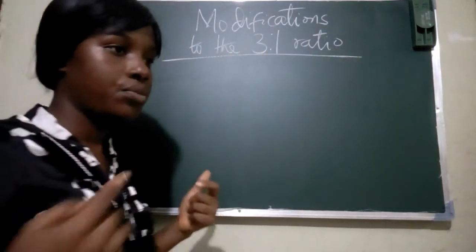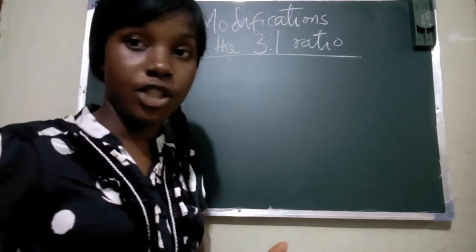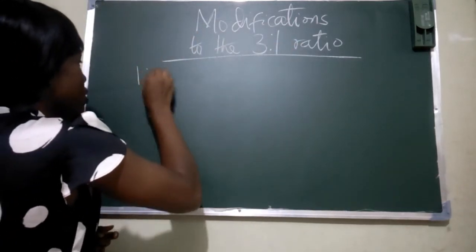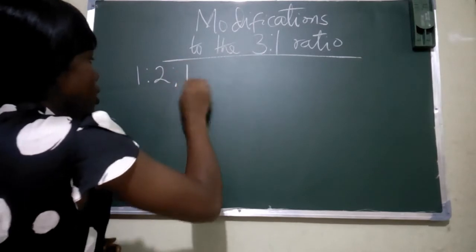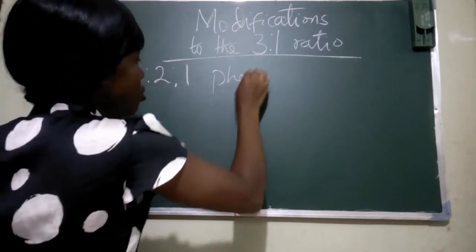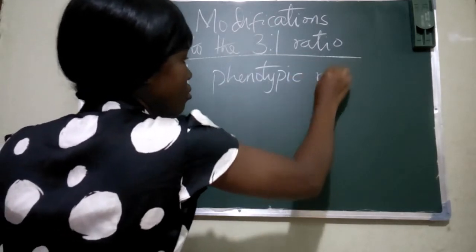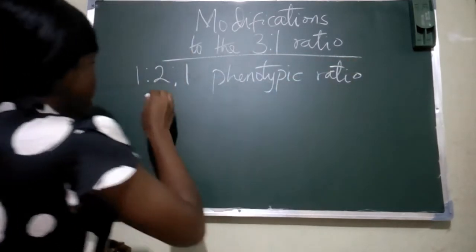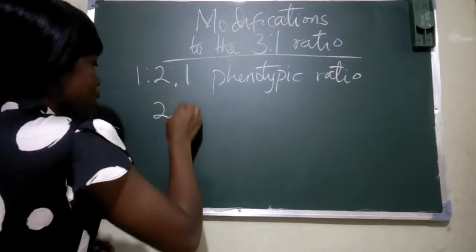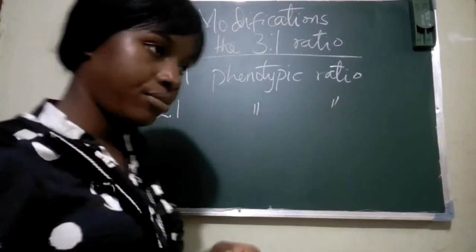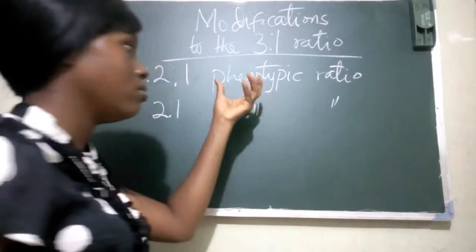So first, there are broadly two modifications to this ratio. We have the 1:2:1 phenotypic ratio, and then we have the 2:1 phenotypic ratio. So I'll be taking them one by one.